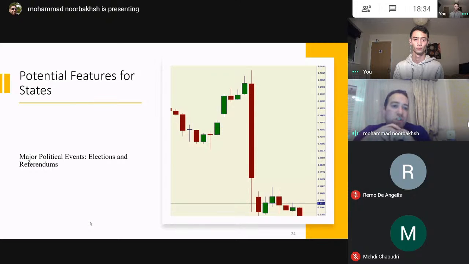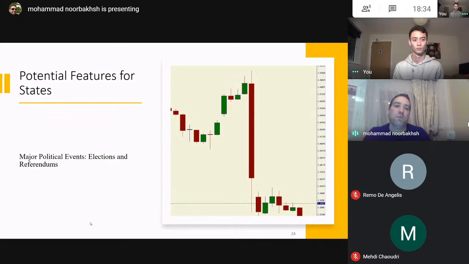Another potential feature for a state is, for example, political events, because markets, especially FX markets, are affected by political events. For example, this is what happened to GBP-USD on Brexit day. It actually went down from 1.5 to 1.33.